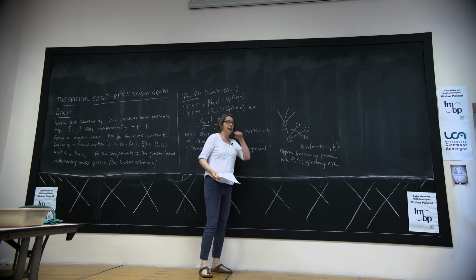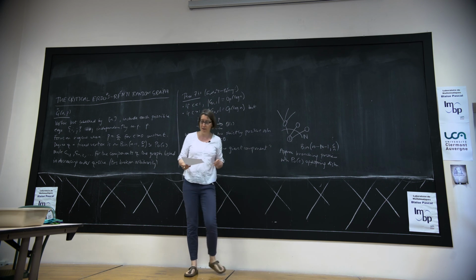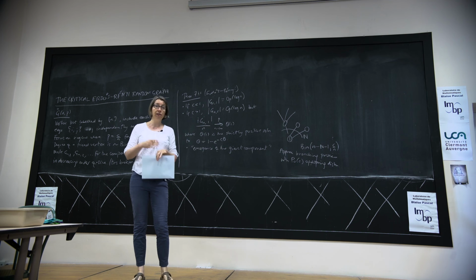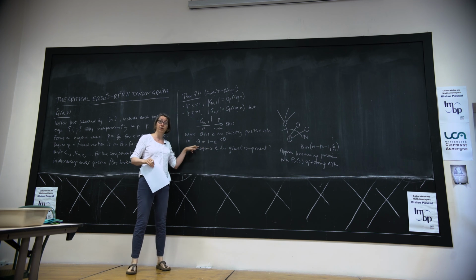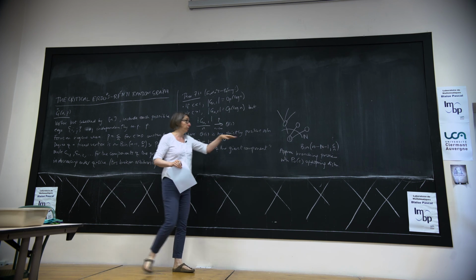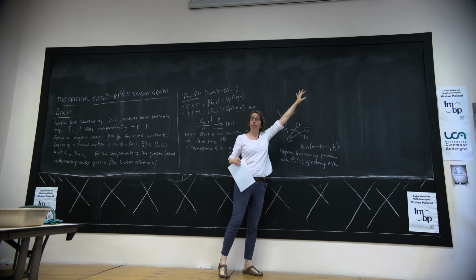So what about if c is strictly greater than 1? Then there's positive probability, in fact for a Poisson(c) branching process this is precisely the probability of survival. So with that probability, this thing's going to take off.